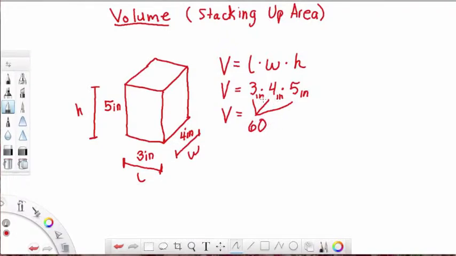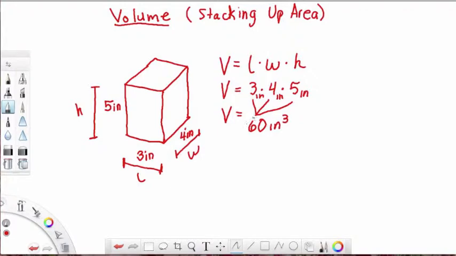And we can't just leave it like that. We also have inch times inch, which would be inches cubed. So our volume is 60 cubic inches, or inches cubed.